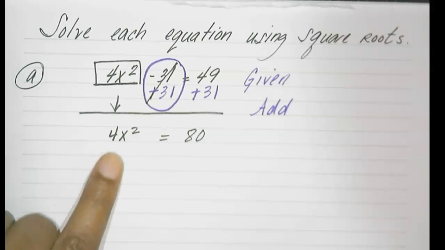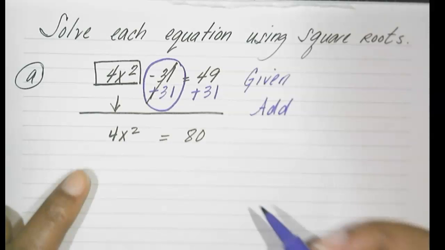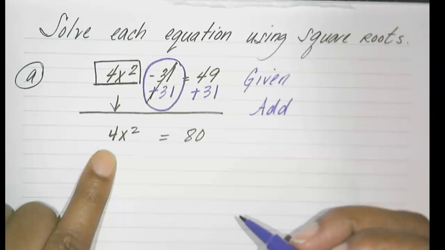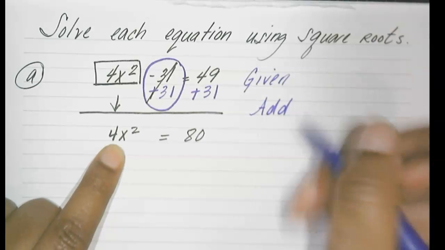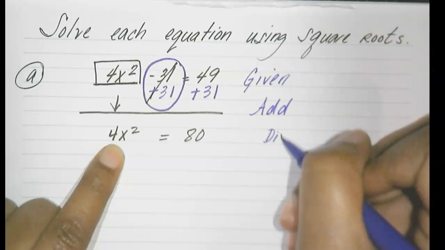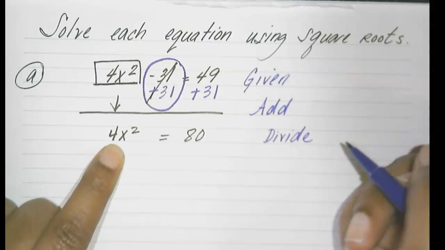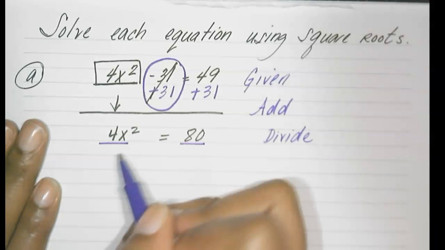Okay, now 4x squared is understood to be 4 times x times x. So since that's understood to be 4 times x, we will do the inverse of multiplying, which would be to divide. Okay, why are we dividing by 4?